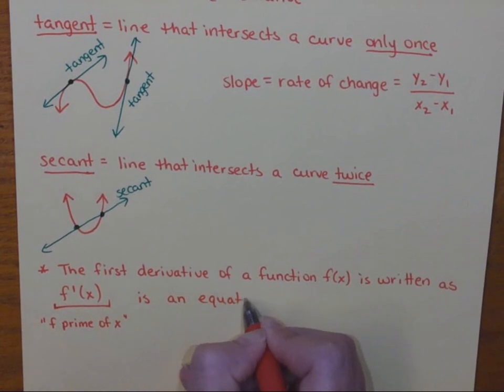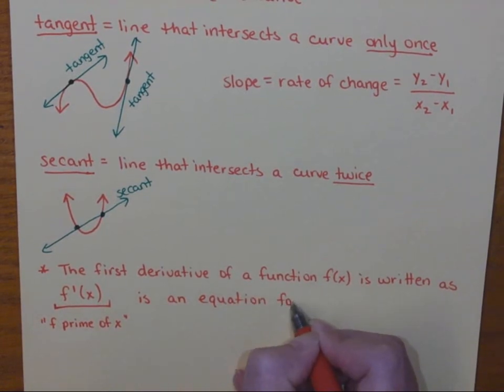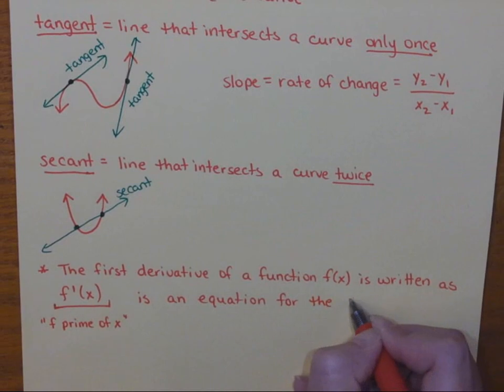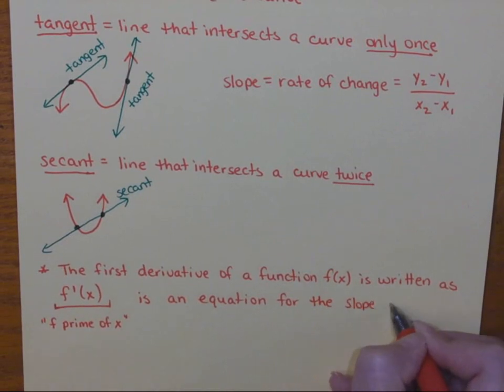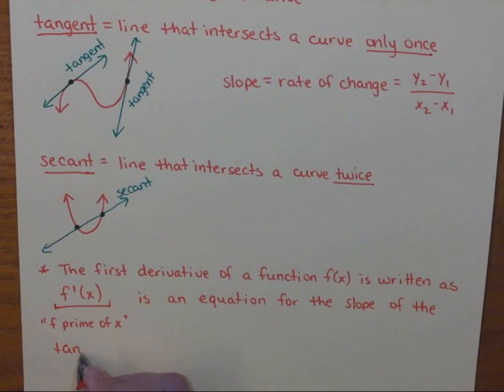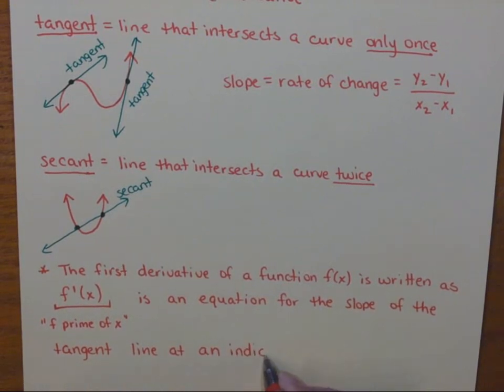It turns out that it is the equation for the slope of the tangent line at any point. So I'm going to say at an indicated point.